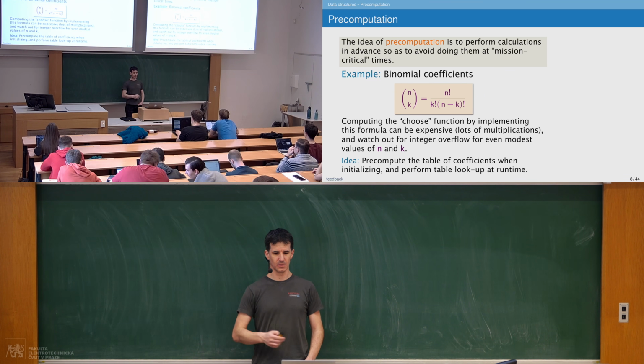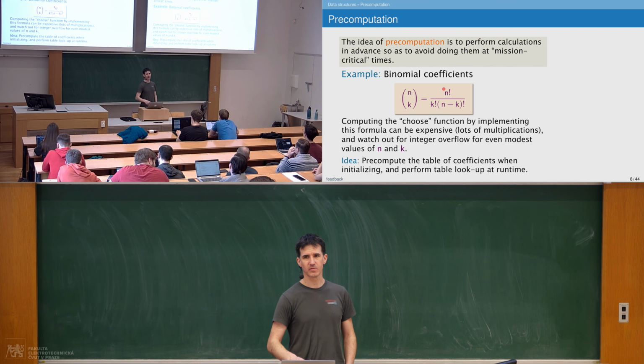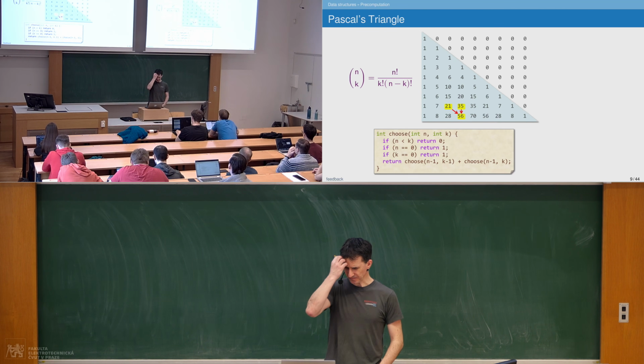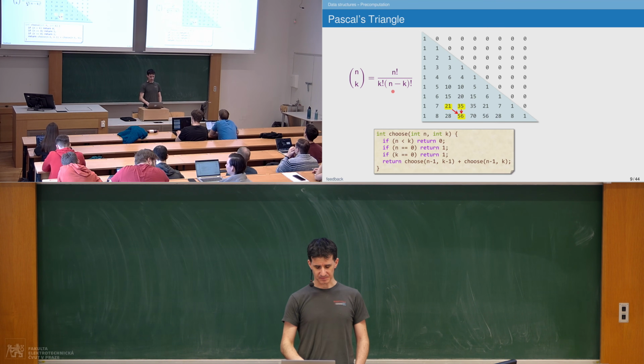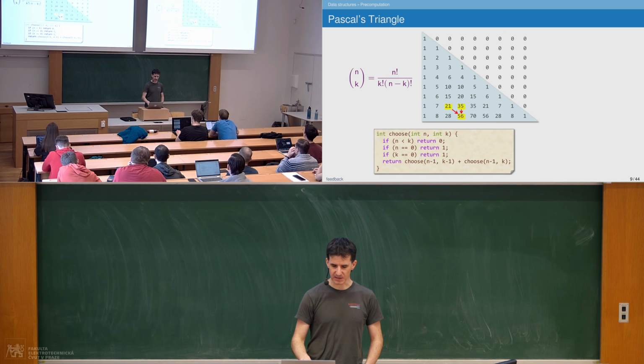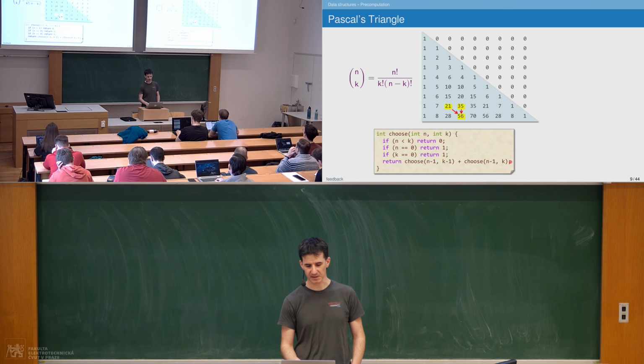You calculate the factorial, and you can calculate the factorial in many ways. Specifically, to calculate this formula, you can end up with this recursive function. So in order to calculate this formula for n and k, you calculate the same formula for n-1 and k-1, and you add it with the same formula for n-1 and k.